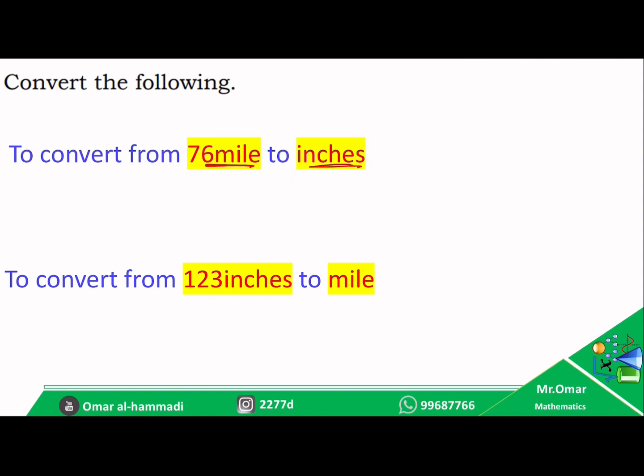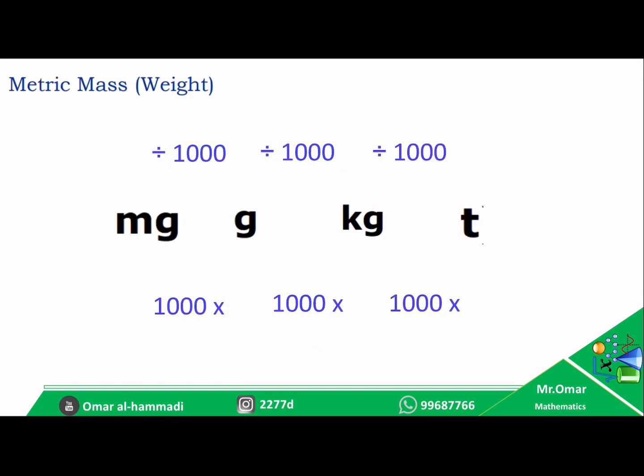Just multiply 76 by 63,360. And from inches to miles, we just divide, for example 123 by 63,360 and see the result. So easy way by doing like this.